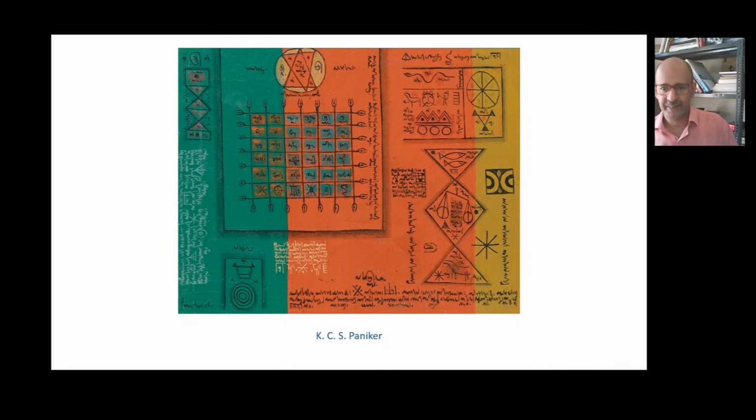K.C.S. Panikkar was trying to redefine his own modern art in terms of certain traditional symbols, traditional signs, not just derived from certain tantric schools, but also derived from some established and not so established, maybe a little obscure, religious practices. But as you can see, at the end of the day, Panikkar's paintings do not look religious.